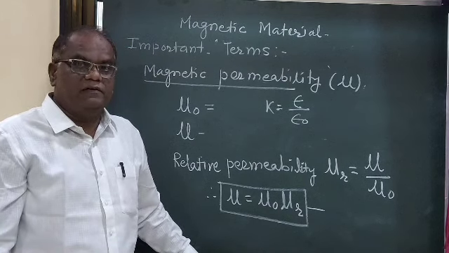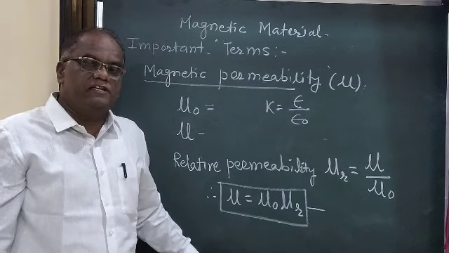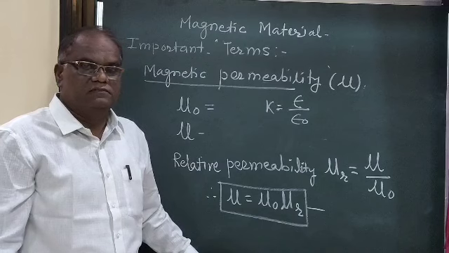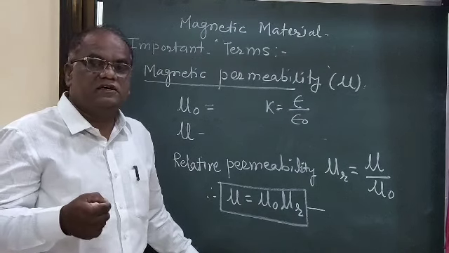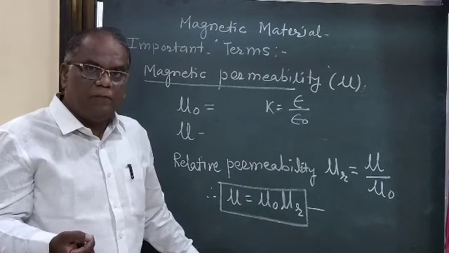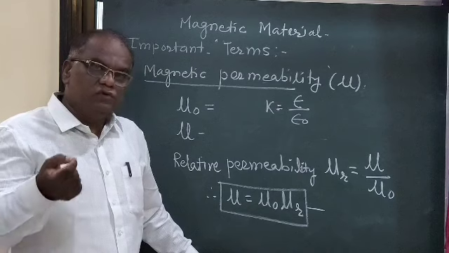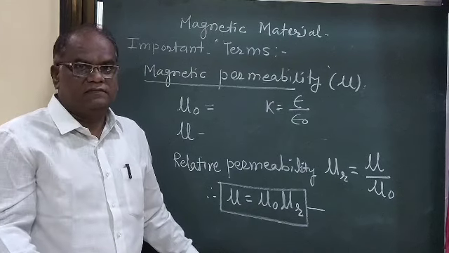We know that when a paramagnetic substance is placed in an external magnetic field, it acquires magnetism. That means its magnetic dipole moment increases, and the ratio of magnetic dipole moment to the volume of the material gives magnetization.